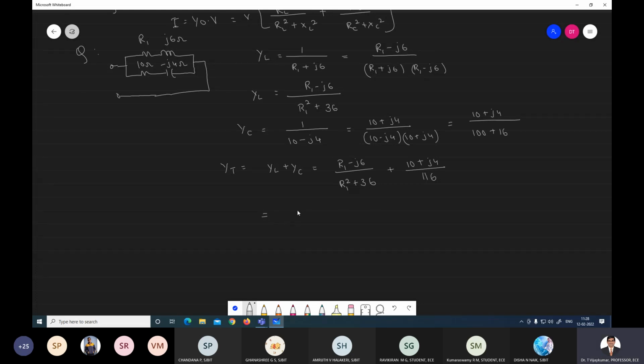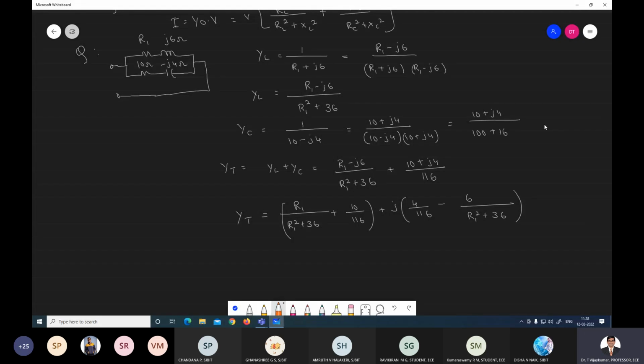Separate real and imaginary parts. The real part is R1 divided by R1 square plus 36 plus 10 by 116, plus j into 4 divided by 116 minus 6 divided by R1 square plus 36. Now, according to parallel resonance, the susceptance is 0.